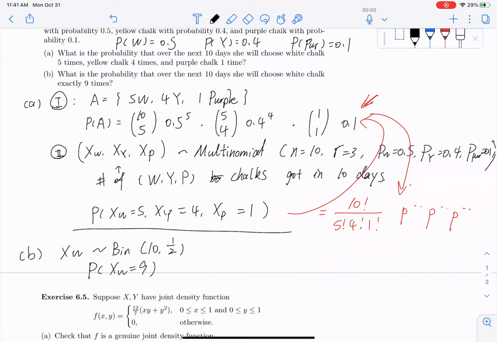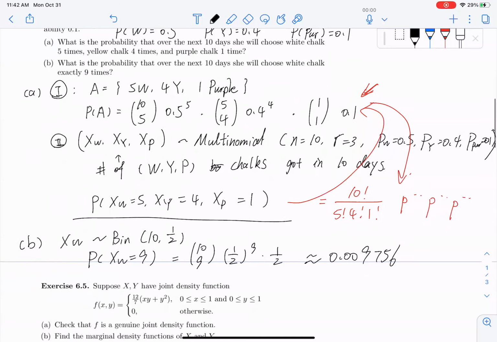So the mass function when you take the value of 9 is 10 choose 9, (1/2)^9 times 1/2, which is about 0.0098. Okay, you can keep the answer like this number, or you can keep it as a fraction. Both are fine, as long as your idea is right.